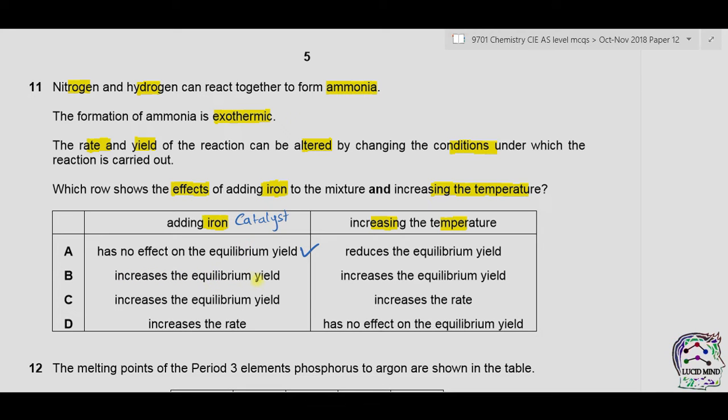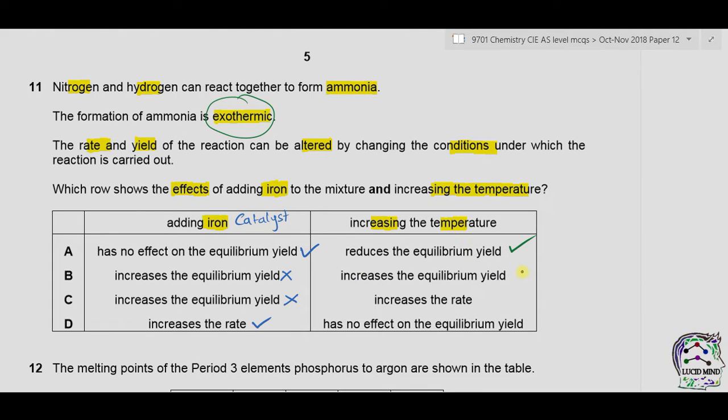Part B increases the equilibrium yield. No. Part C increases the equilibrium yield. Again, it is incorrect because it does not have any effect on the equilibrium yield. D increases the rate of chemical reaction. Now as the reaction is exothermic, so therefore increasing the temperature will decrease the yield of product. So it reduces the equilibrium yield of ammonia. This is correct.